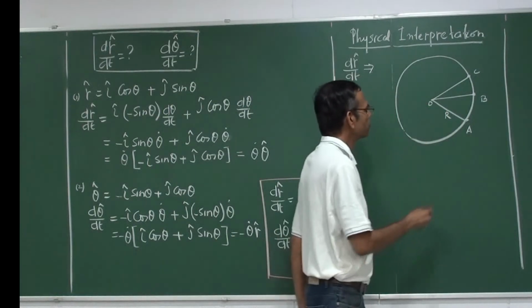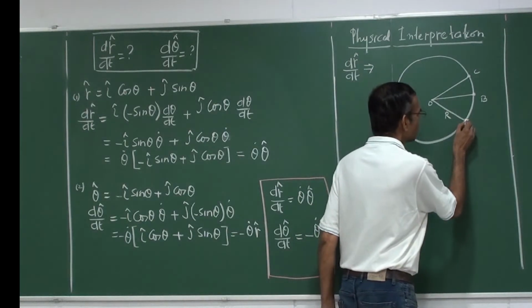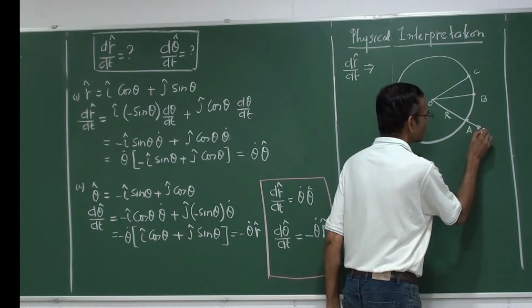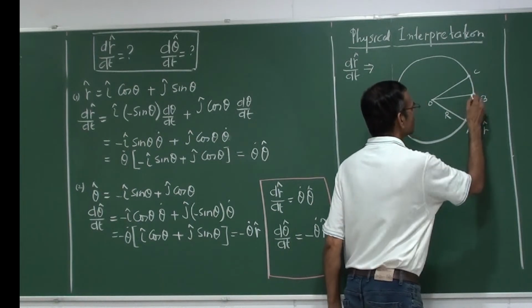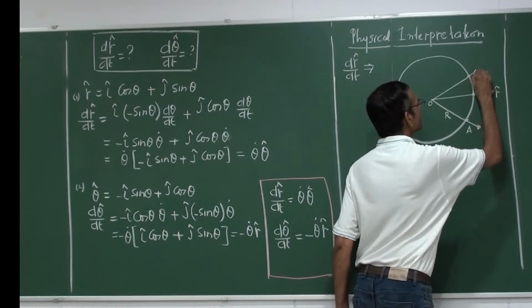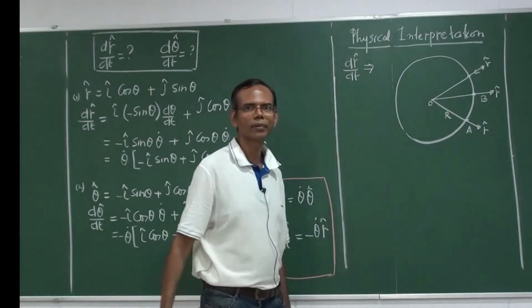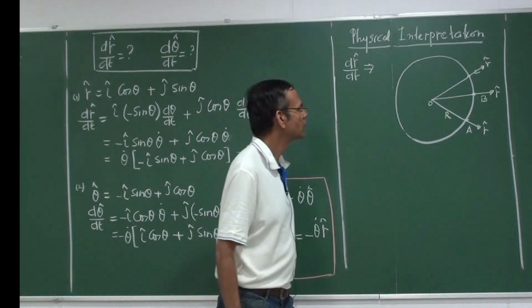Now, we have been doing this all throughout. You see, this is your r cap vector here, alright? r cap vector. Here, your r cap vector. Here, your r cap vector. Okay?